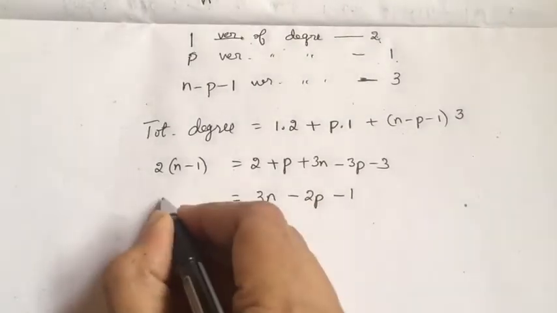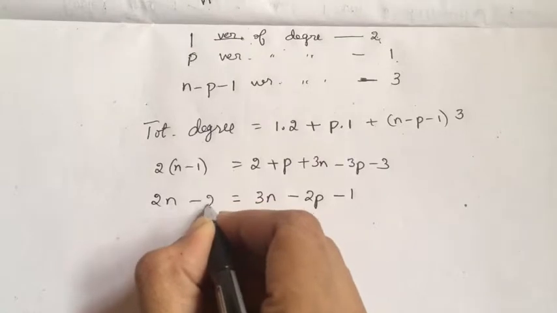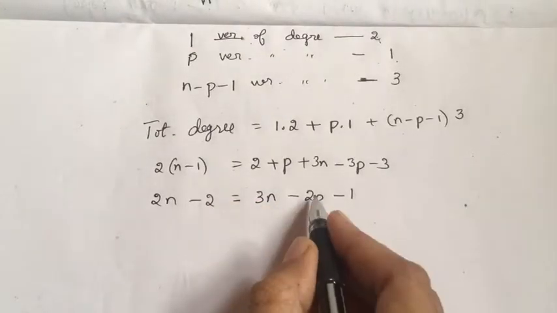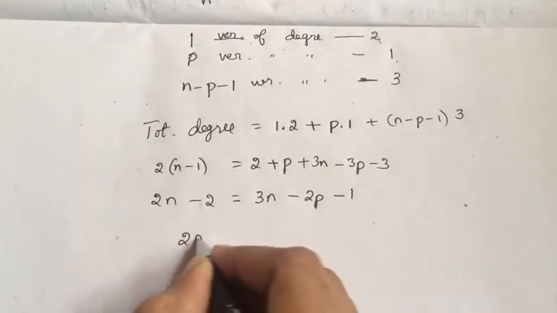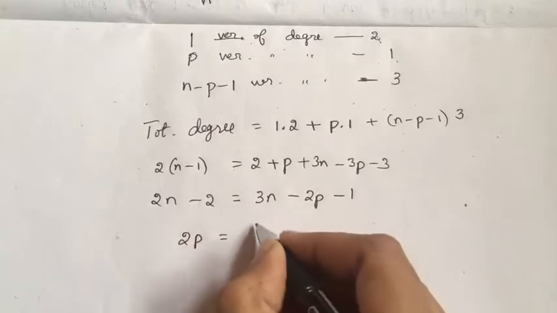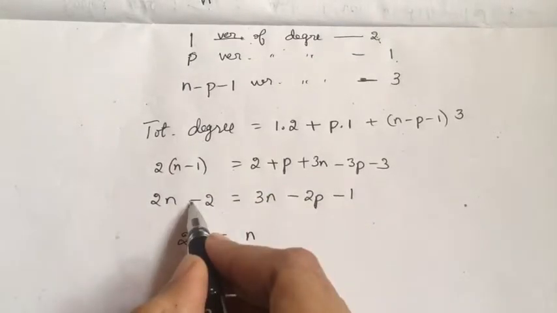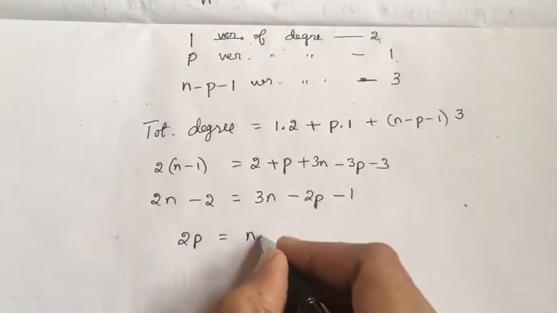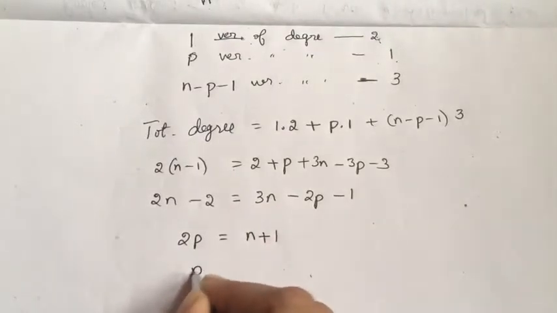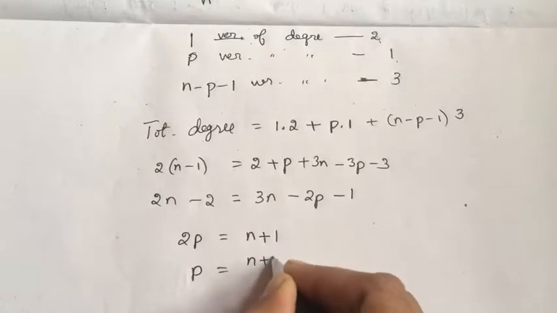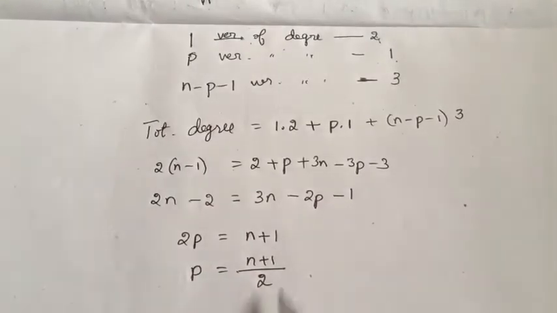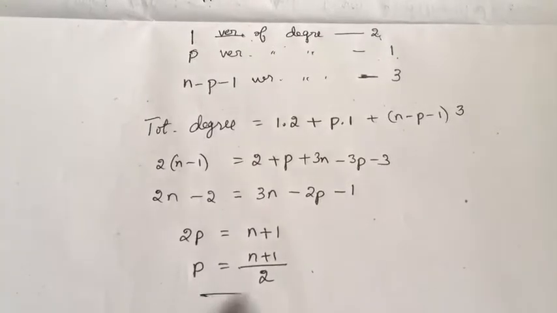That implies 2n minus 2 equals 3n minus 2p minus 1. Then 2p is 3n minus 2n, which is n, plus 1. Therefore p, the number of pendant vertices, is the number of vertices plus 1, divided by 2.